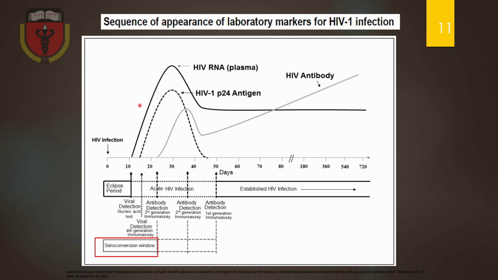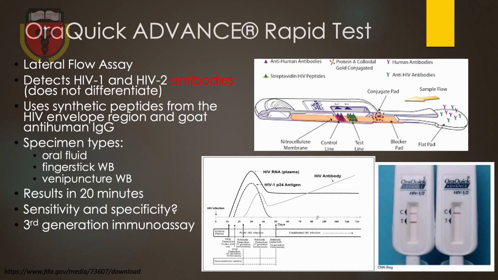That means acute HIV infection is going on, and then that person has the established HIV infection. Once established, the virus has established replication and an ongoing cycle in our body. So what about the test?